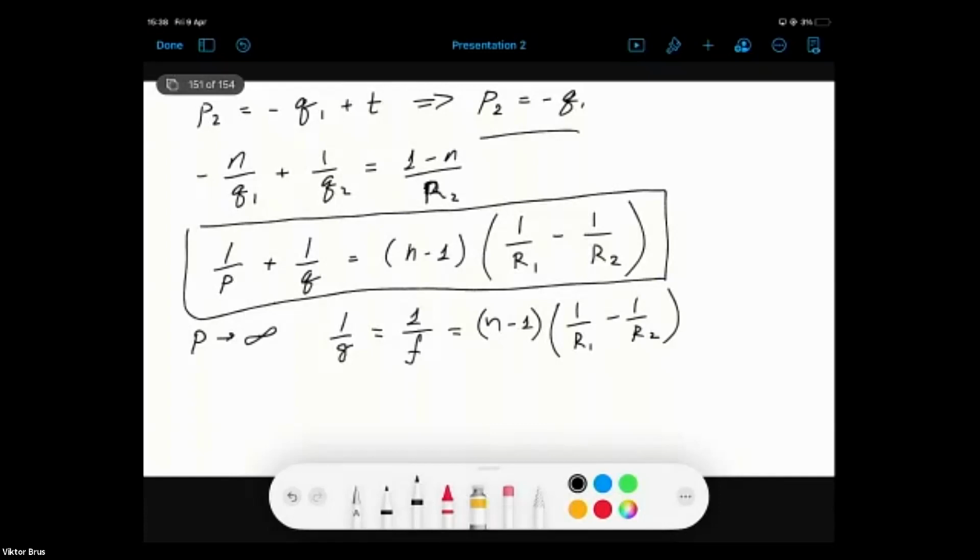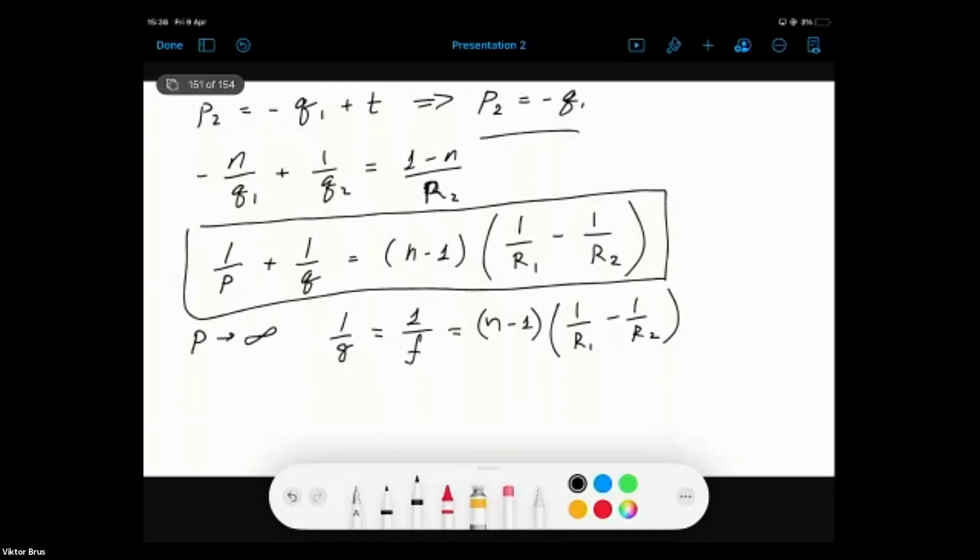If optical rays are approaching the lens parallel to the principal optical axis, then they will be focused in the focal point at a distance from the lens equal to F, the focal distance.